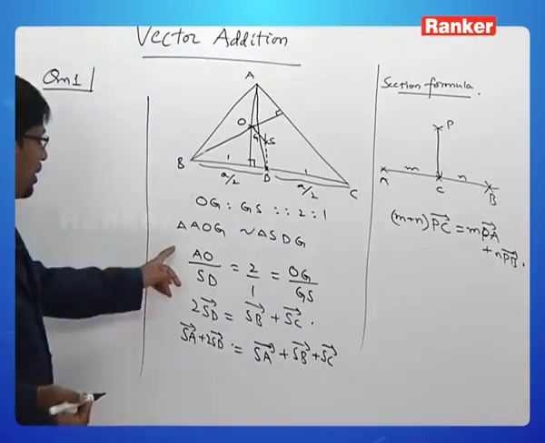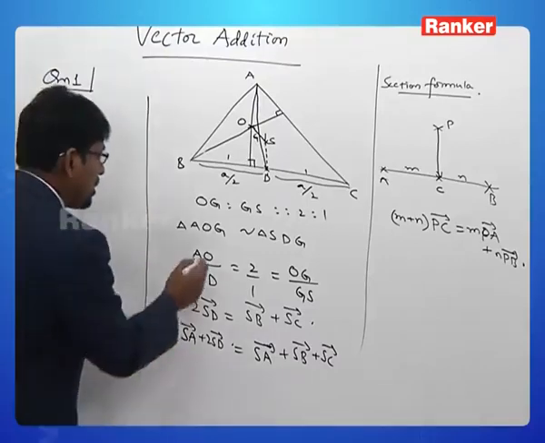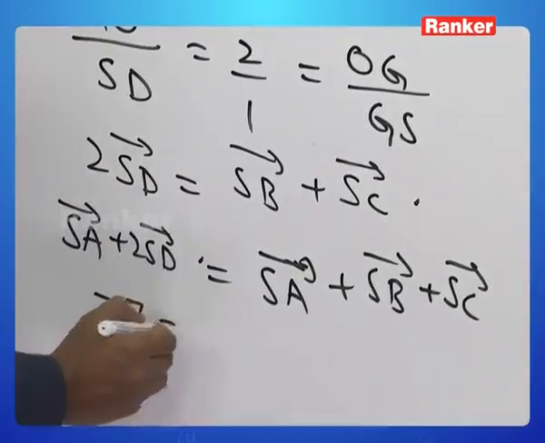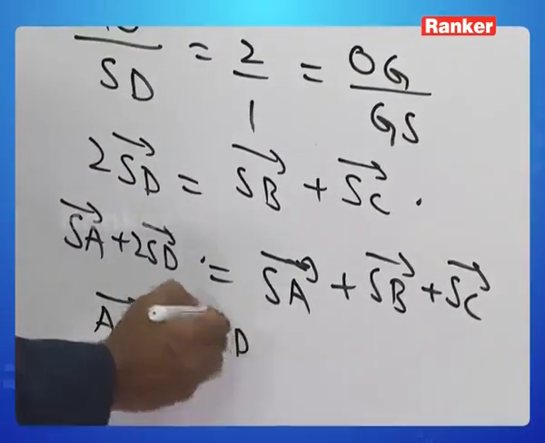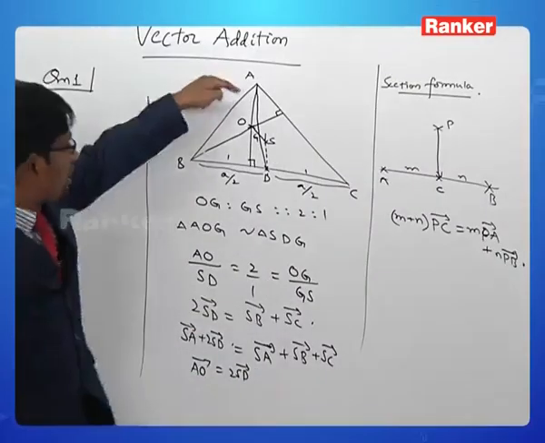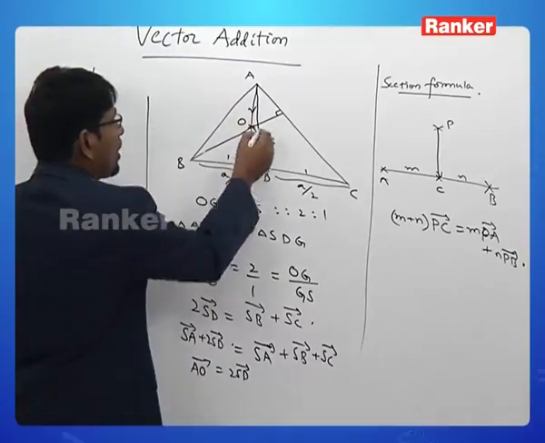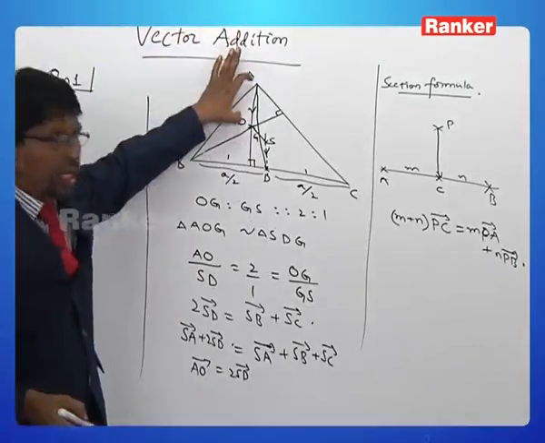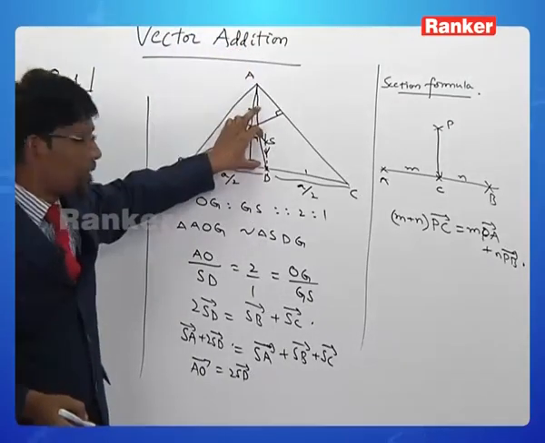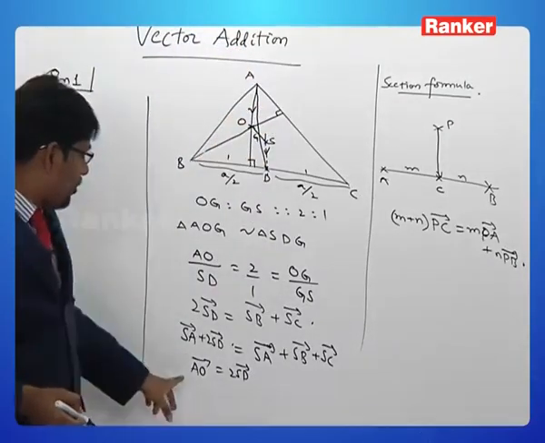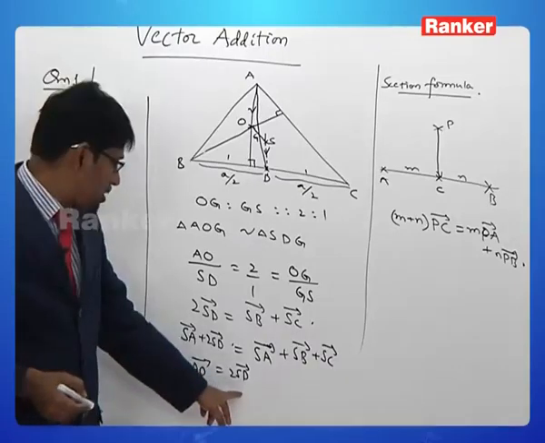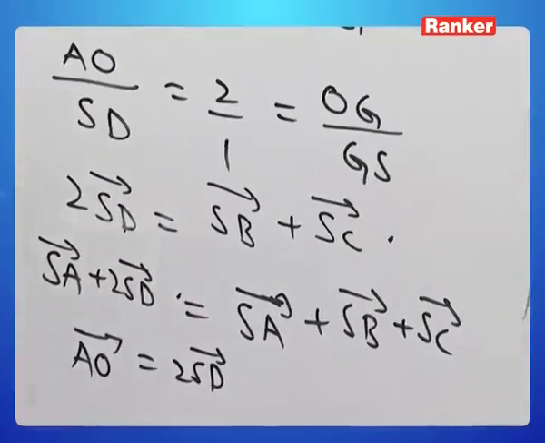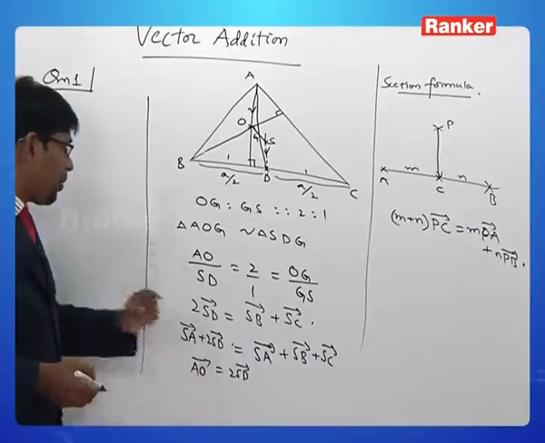But one more thing that we need to know, that AO is nothing but 2 times SD. AO vector and SD are both in the same direction, and AO magnitude is 2 times the magnitude of SD. So AO vector is equal to 2 into SD vector. So this 2 into SD vector can be replaced by AO vector.